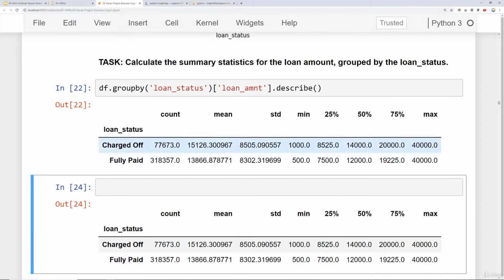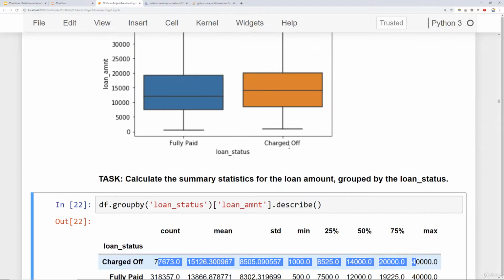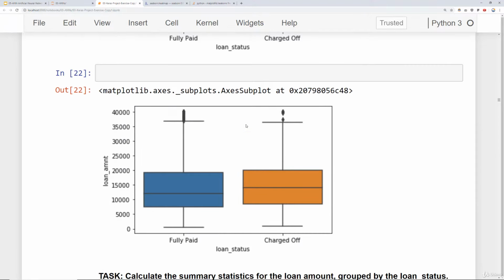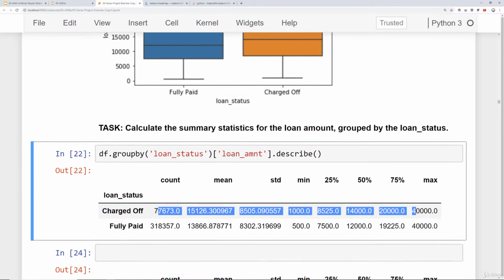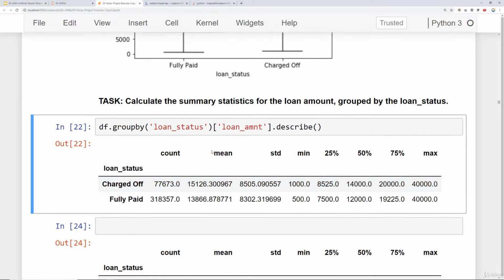And this essentially shows us the quantitative numbers behind this box plot. So if you ever get a case like this that the box plot is a little hard to read, you can always compare the averages here. So you can see the charged off average price is a little higher than the fully paid loan.